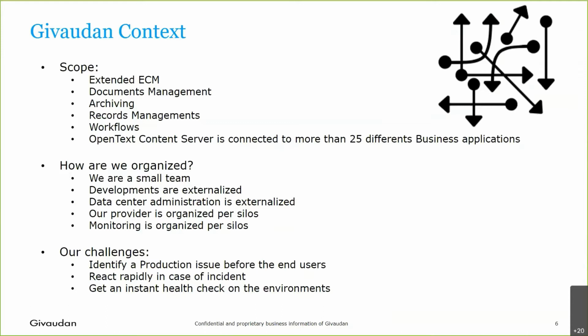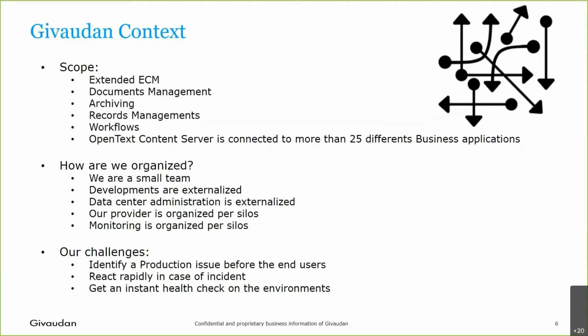I think it's the same for any big customers who have externalized their data center administration. Our provider is organized in silos. We have a team for Oracle, a team for Content Server, a team for the storage, a team for the Windows servers, a team for VMware, and the monitoring is organized the same way, per silo.